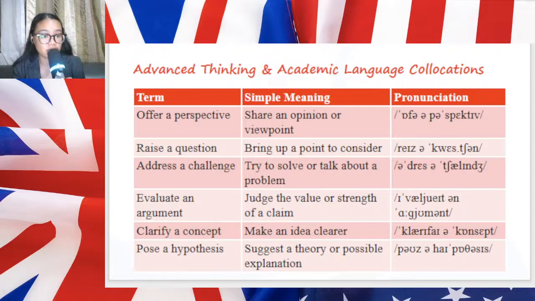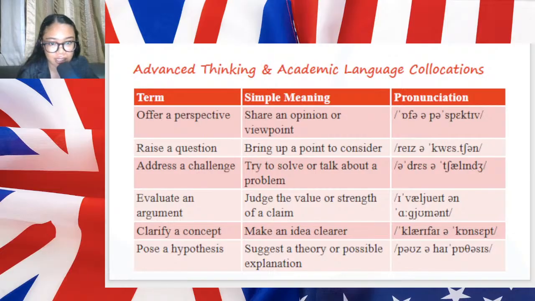Again, evaluate an argument, meaning judge the value or strength of a claim. So this process involves analyzing evidence, evaluating evidence, reasoning, and assumptions to decide how convincing or credible the argument is.